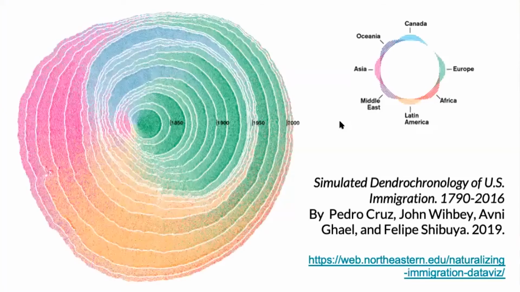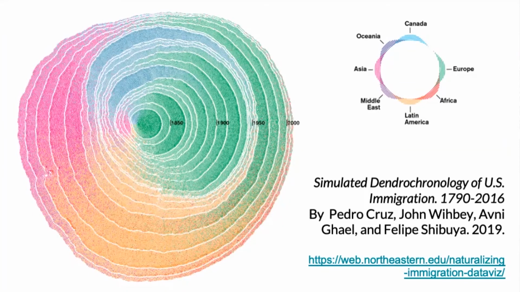And this final example, and there's a lot of love for the dendrochronology example in the chat, is visualizing immigration history in the US. Somebody did pick up on this in the chat: this isn't necessarily the best way of presenting this data if you were really concerned about legibility and being able to compare across years, because using the tree rings form, it does distort your data year on year in terms of the area it's taking up.